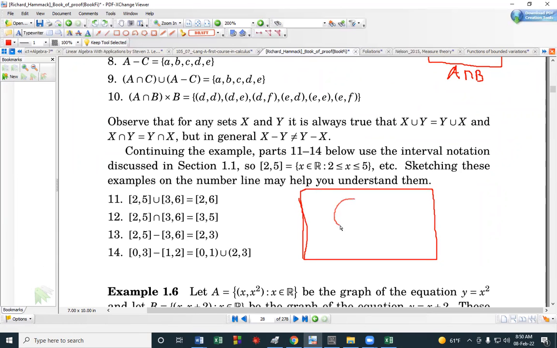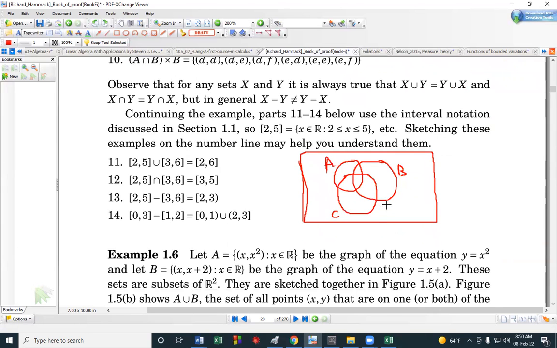Let's say you have three sets, call it set A, set B, set C. So A union B union C would be the region inside all three circles, right?